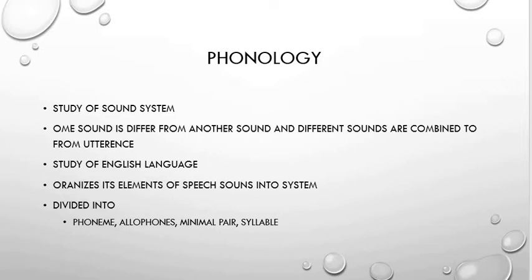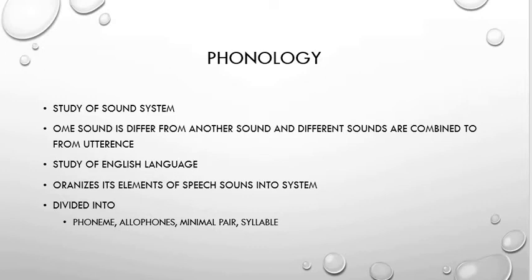Let me discuss first what a phoneme is. A phoneme is one of the smallest units of sound that distinguish one word from another in a particular language. For example, the difference in meaning of the two English words kill and kiss is a result of the exchange of a phoneme, that is L into S. This is called a phoneme.